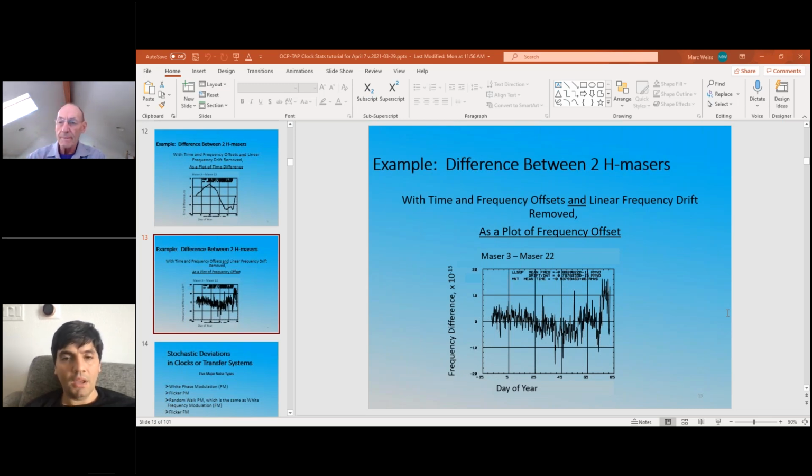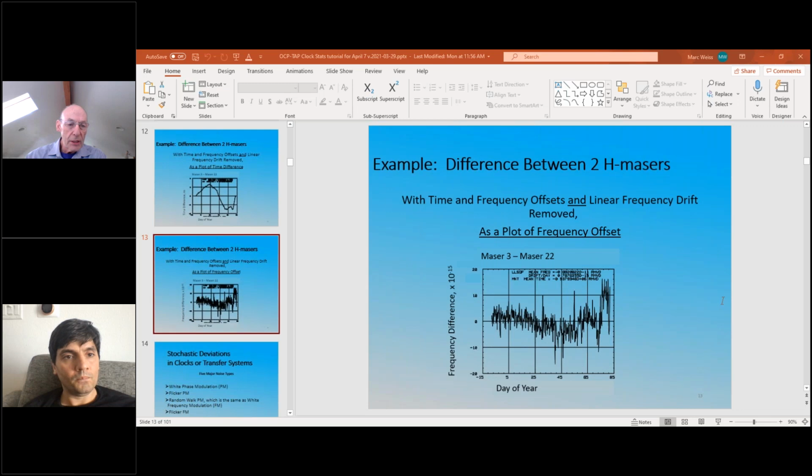Is there also the short-term stability versus long-term stability here? Of course, that reflects back to those types of noises, right, that you mentioned? Exactly. At different averaging times, different noise types dominate.